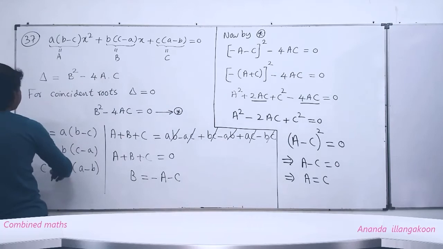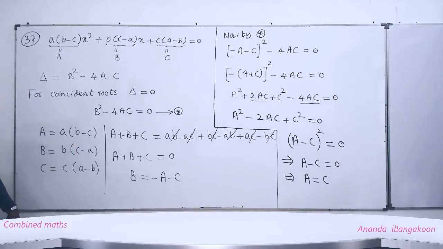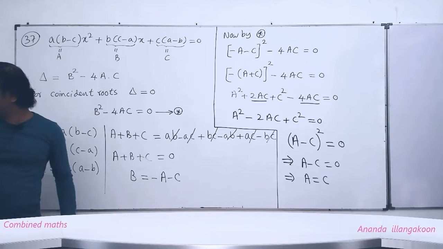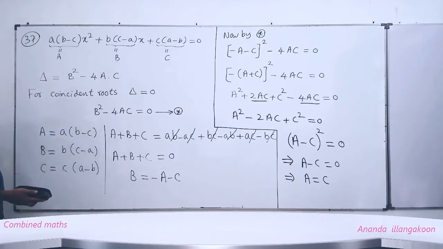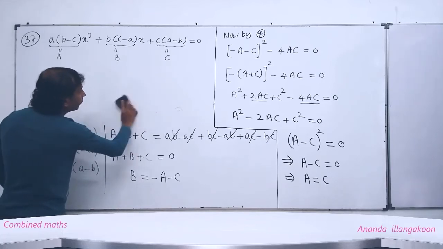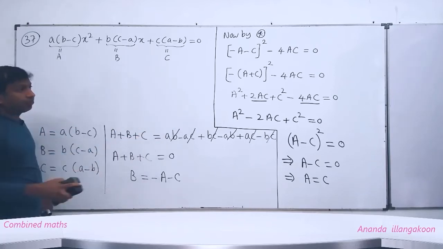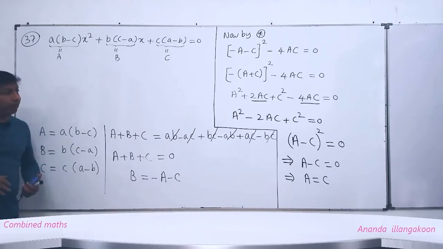Now we substitute for this A and this C. A is this, C is this, no? A equals C. What is A?